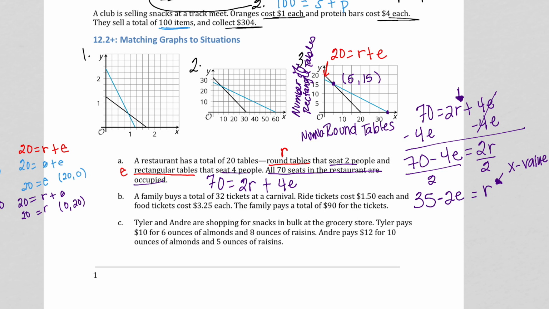Ride and food tickets. So for my ride tickets and my food tickets, I need to assign different variables. What do we want the ride tickets to be? R. What do we want the food tickets to be? F. All right. What is an equation I can make here from this information?